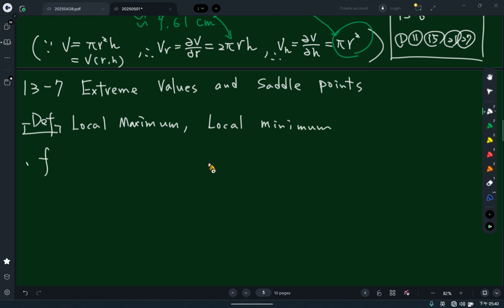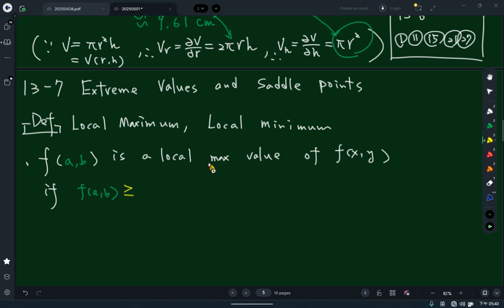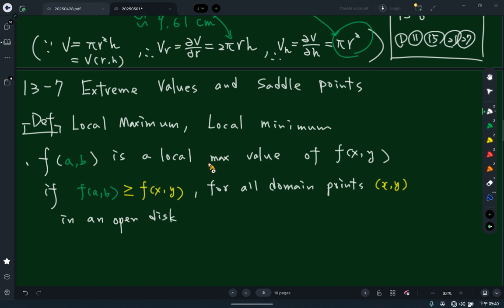So if f of (a, b) is a local maxima value for f of (x, y), if f of (a, b) is larger than or equal to f of (x, y) for all domain points (x, y) in an open disk centered at (a, b).